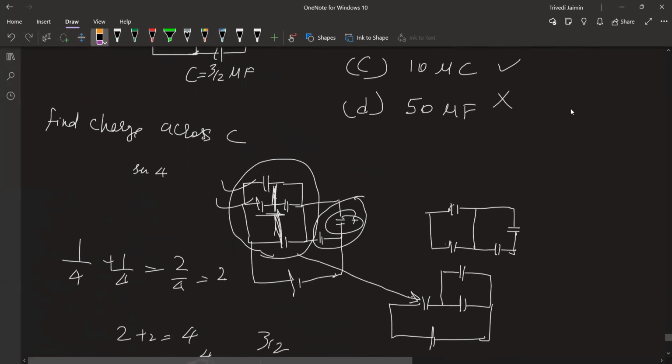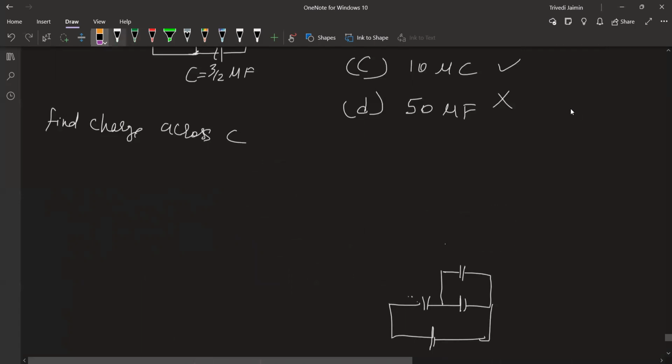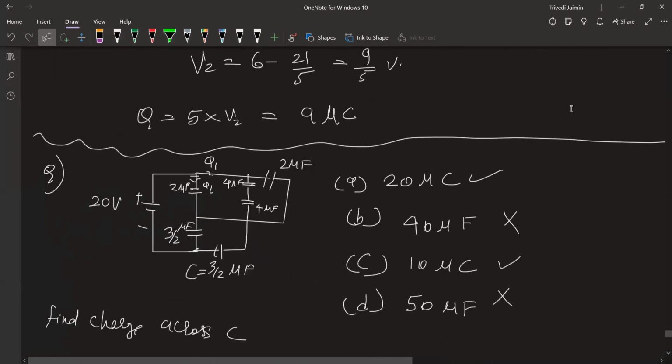Sai Charan? Yes. Pawan? Yes, sir. Sir, trying. Sir, I'm getting 40, sir. 40. So, oh, second option. Sir, 40 microcoulomb, sir, not microfarad.